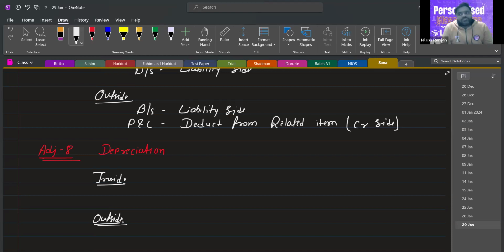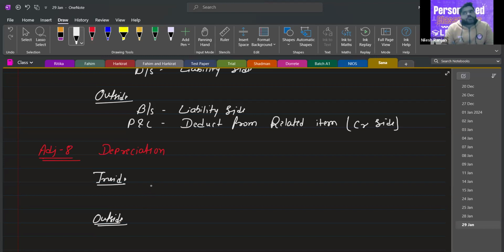So when the value of an asset decreases due to some specific reasons, like use, time lapse, accident or new technology, then it is called depreciation. These things reduce the value of the asset. So depreciation is an expense, or you can say a loss, for the company.